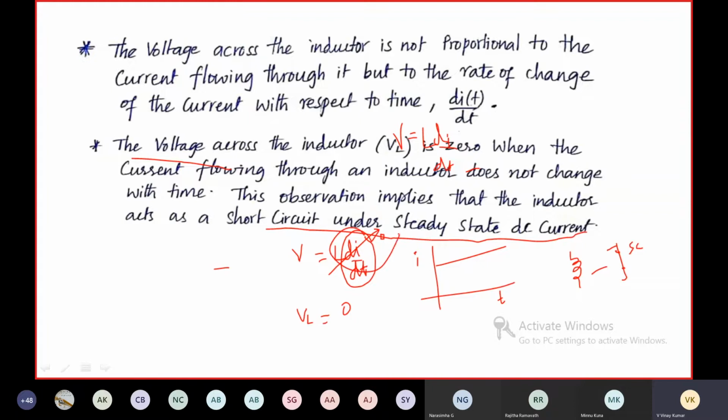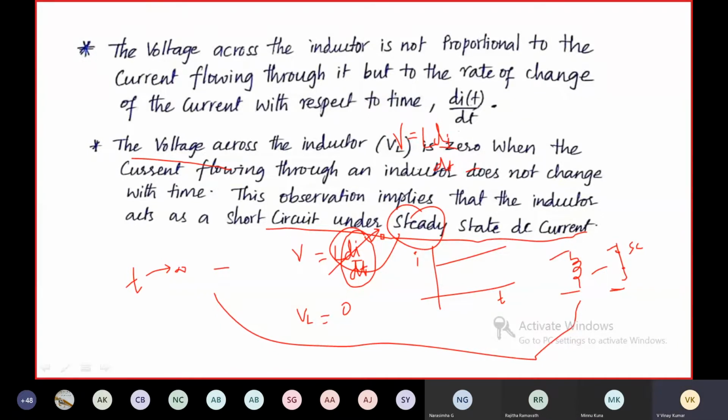Steady state means when time approaches infinity. When time approaches infinity, the inductor acts as a short circuit. Initially it doesn't act as a short circuit; at a later point of time, when time approaches infinity, it acts as a short circuit.